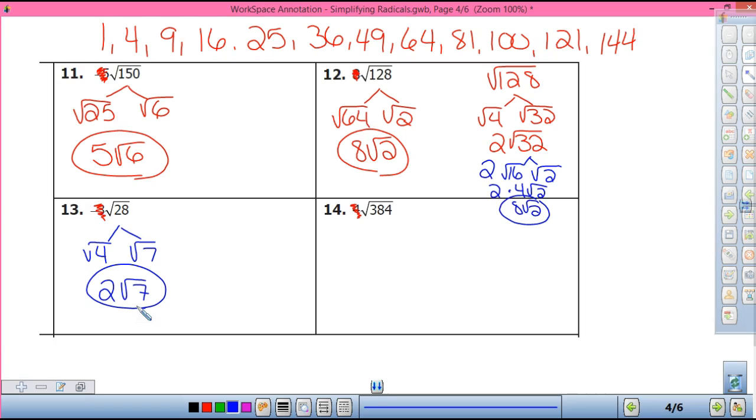Skylar, what did you do for 384? 64 and 6? Alright, square root of 64, square root of 6, we get it. 8 root 6.